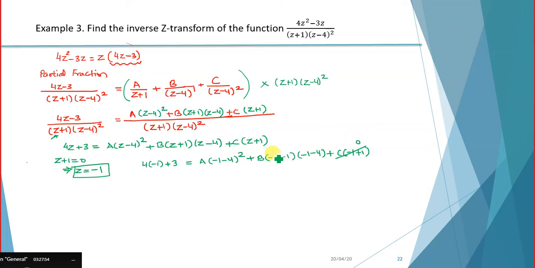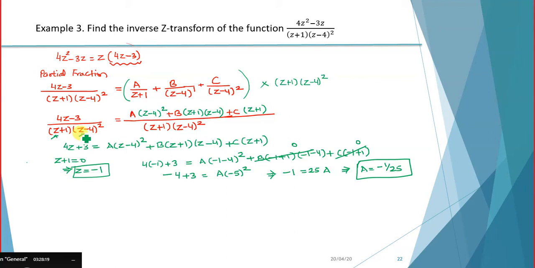So this term becomes 0, this term becomes 0, we are left with the A term. So minus 4 plus 3 equals A times minus 5 to the power 2. So this gives minus 1 equals 25A, which gives you the value of A as minus 1 over 25.